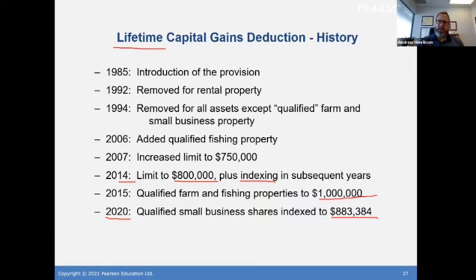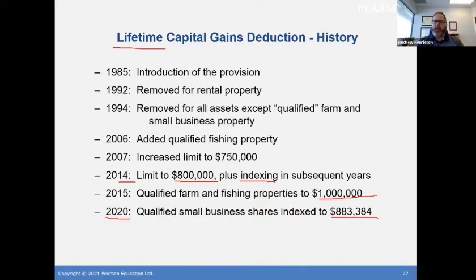The reason this rule is in place is to encourage investment in these categories. To encourage people to risk their money in a small business, they'll give you a tax benefit when you win and a tax benefit when you lose. That's what the ABIL is. This is the flip side for when you're winning.